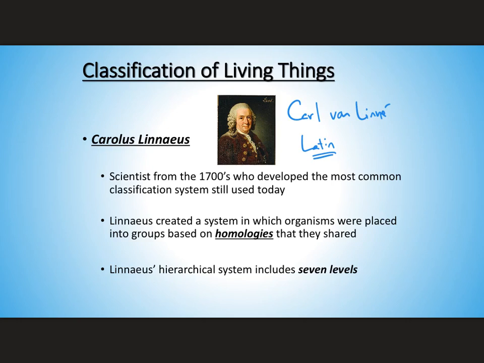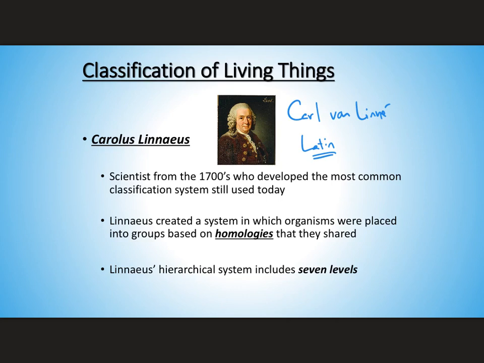And Linnaeus created a system in which he grouped organisms based on what he called homologies. Now, these are not exactly homologous characteristics like we learned in the previous chapter, because remember, this is the 1700s. They had no idea of genetics, right, and genetic relatedness. So for Linnaeus, homologies were just similarities in structure. Right?